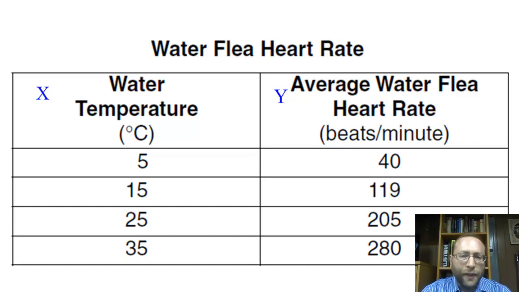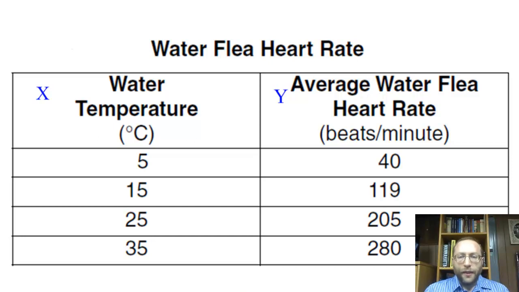And the way to figure out which is which, it sort of tells you in the word. The independent variable, its value is independent. The dependent variable's value depends on the independent variable. So if you look at water temperature, and then you look at average water flea heart rate, which depends on the other?